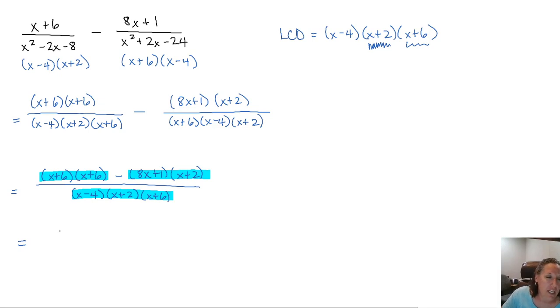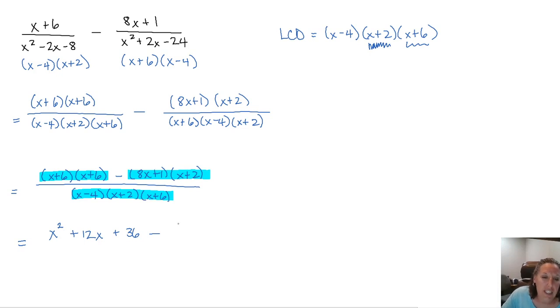All right, so x plus 6 times x plus 6, that is a perfect square. And it's going to simplify when we multiply it out, x times x, and then we're going to get 6 times x from our inside terms and our outside terms. So we're going to get a total of 12x when we multiply that out. And then 6 times 6 is 36. Now for our next term in the numerator, 8x plus 1 times x plus 2.